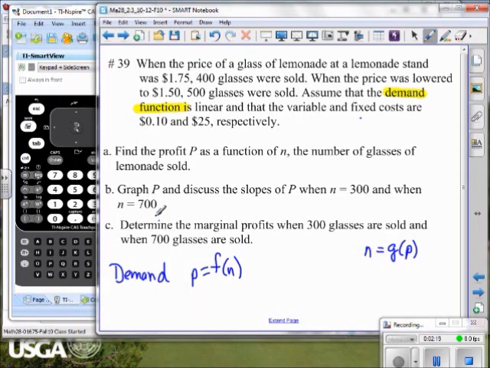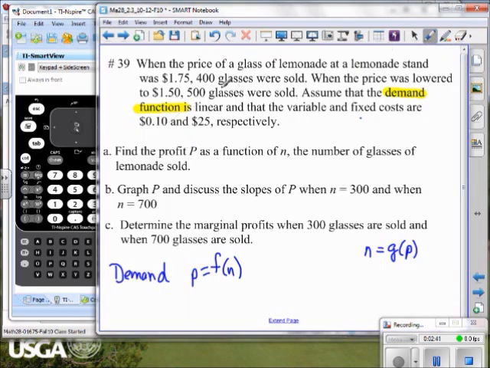Because everything else we do has an input of N, we're going to use this one. The input is the number of units, and then we're going to be able to determine the price per unit. That's what demand is going to help us do.